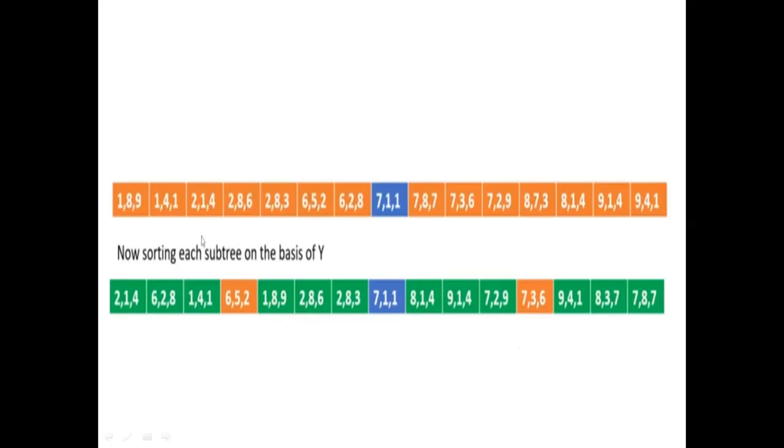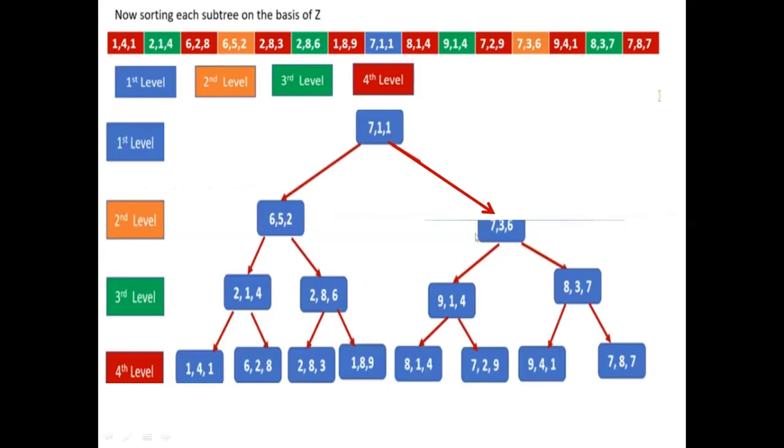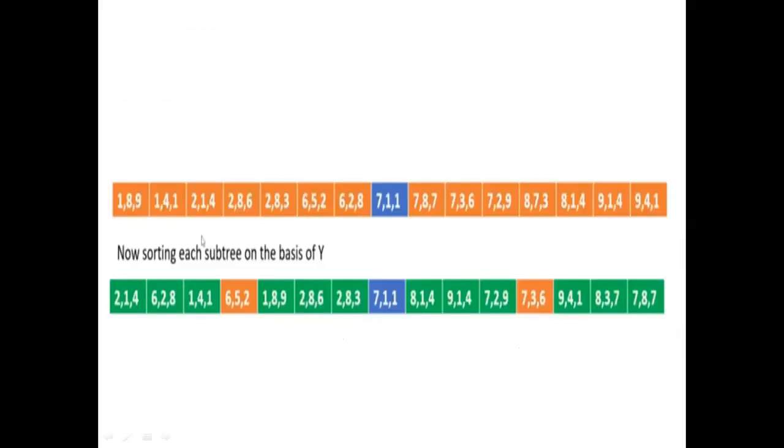Then next we split horizontally, that is on the basis of y, the left and right parts of this 711. After sorting the left and right parts, we get a sorted list on both sides, and then 652 becomes the next median and here 736 becomes the next. So you can see in the tree, left of 711 is 652 and right is 736.